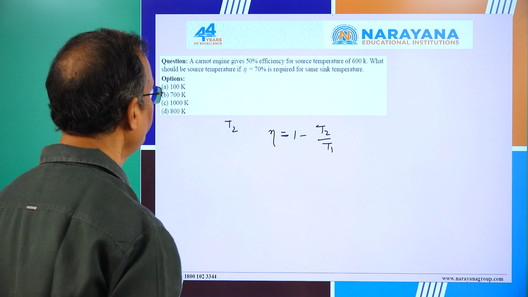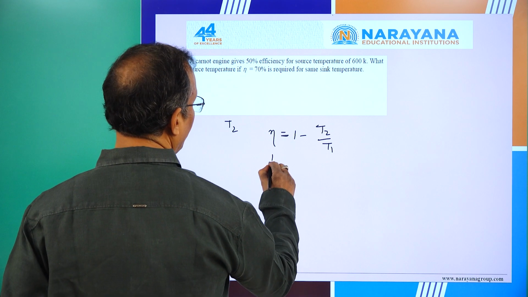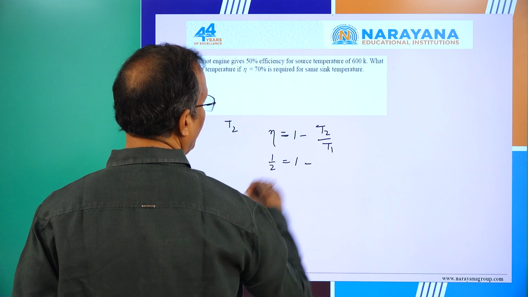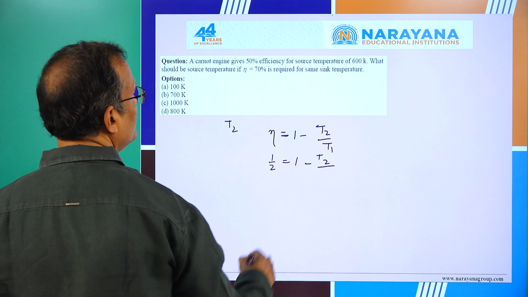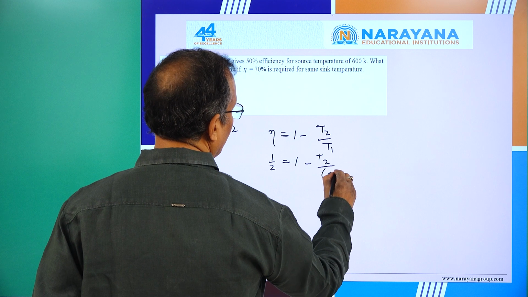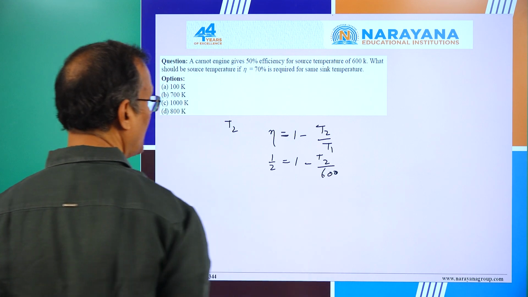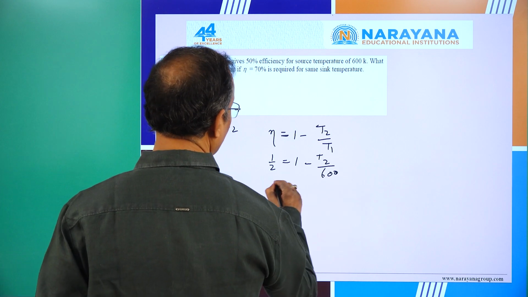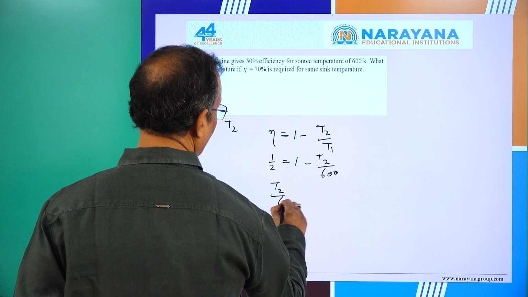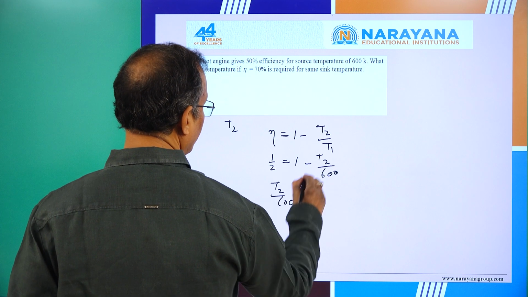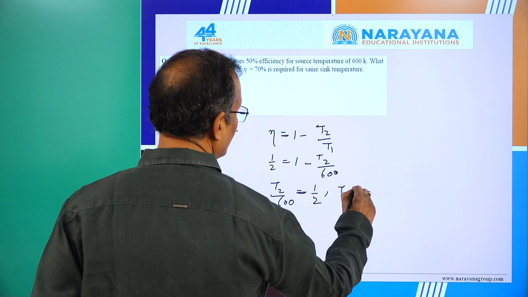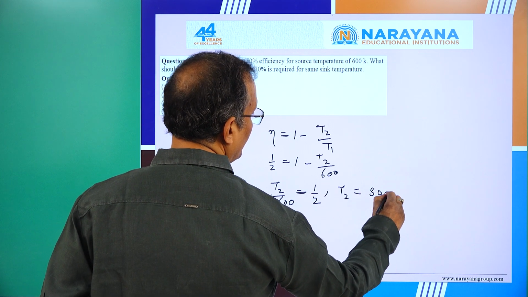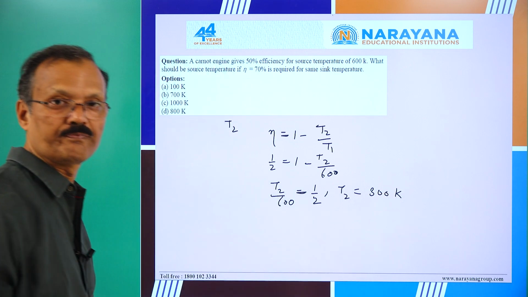They have told you 50%, which means 1 by 2, equals 1 minus T2 by T1. T1 they have given you as 600. Now T2 by 600, 1 minus half is half. So you got T2 equal to 300 Kelvin.